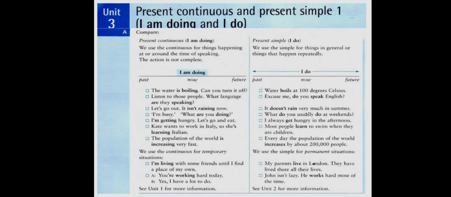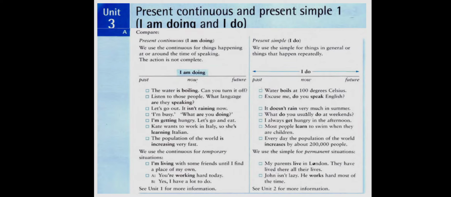Listen. In the case of present continuous, listen to those people. When you say listen to someone, it means the sound is going on. You are in the middle of the action. What language are they speaking? When you say to someone listen, he is supposed to listen to someone speaking in the middle of the action.